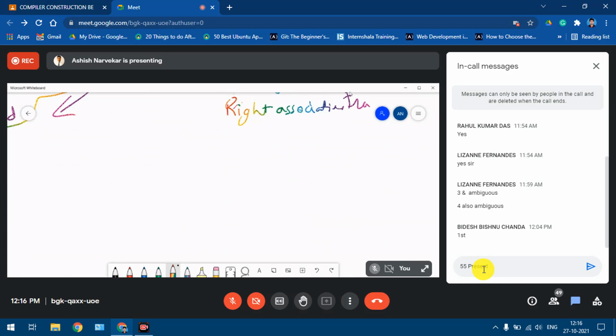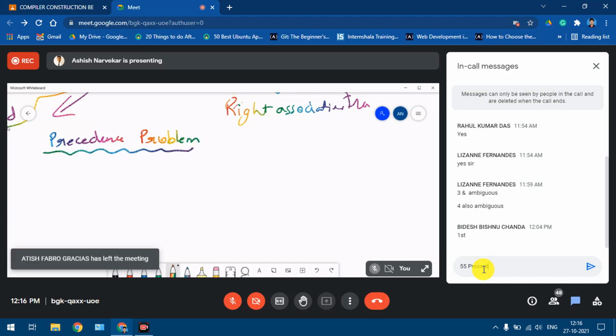Now, more than this particular problem, the major and most common problem over here is the precedence problem. In the precedence problem there are two things that need to be done.